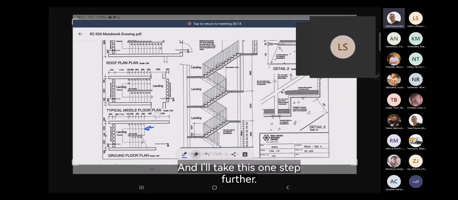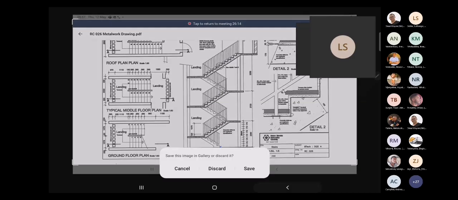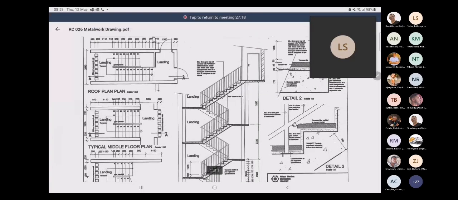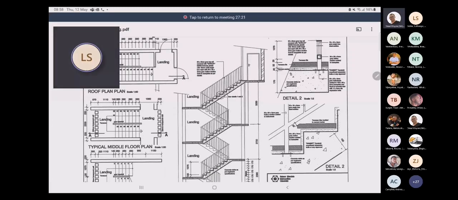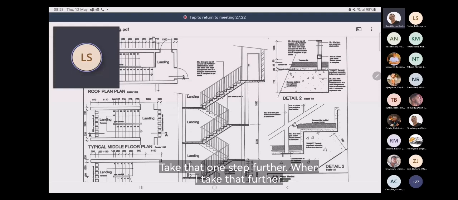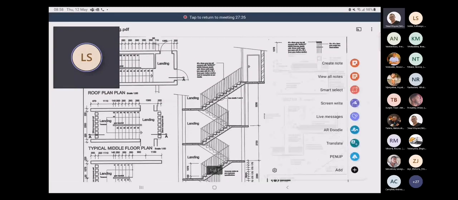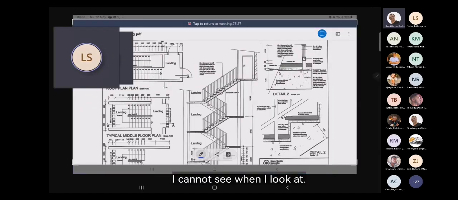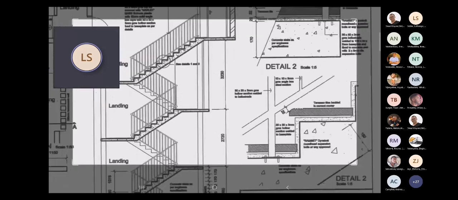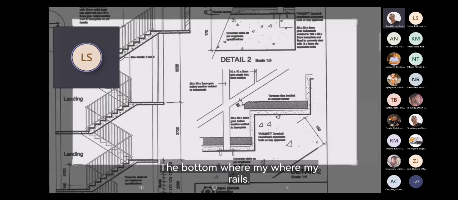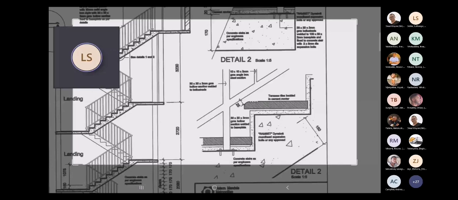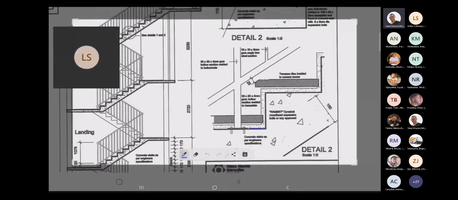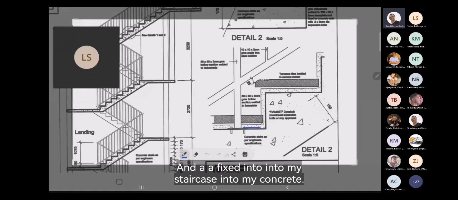And I'll take this one step further. Take that one step further, and when I take that further, before I start looking at the specifications and all, I can now see, when I look at the bottom where my rails are fixed into my staircase, into my concrete, I can see the detail that we are given here.